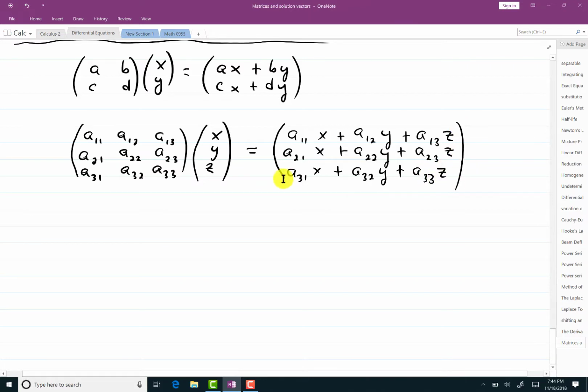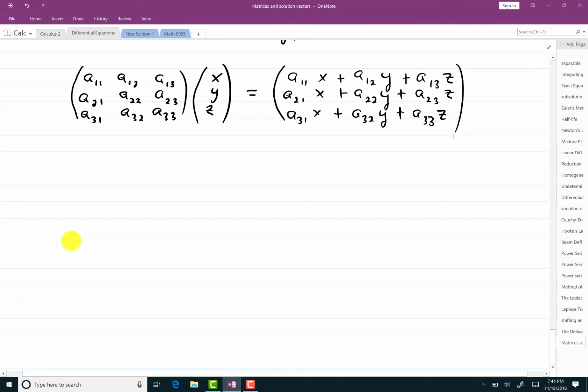And it's important to note that this vector, since I'm adding these things together, only has 1 column, and it has 3 rows. Notice the order of the coefficients follows this matrix exactly. In fact, many times, this matrix is called a coefficient matrix.